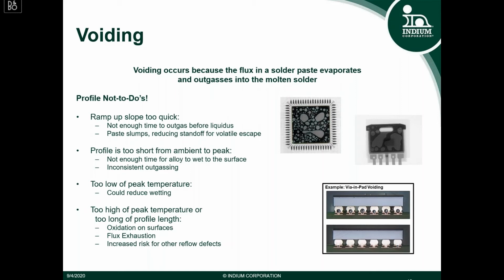When you exhaust the flux, it runs out of activation power and will lead to oxidation issues. Also, if you have too high of a peak temperature or too long of a profile length, there could be many other reflow defects that could happen that we can cover later in the next few slides.